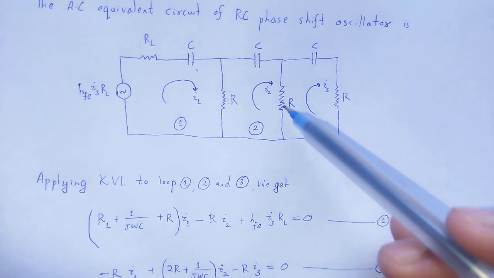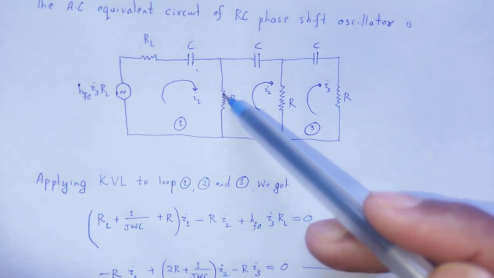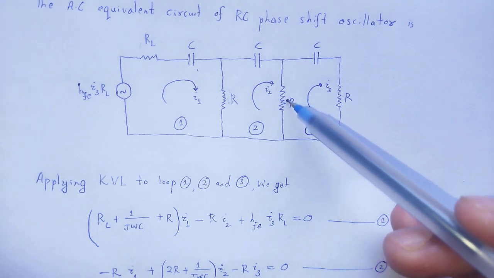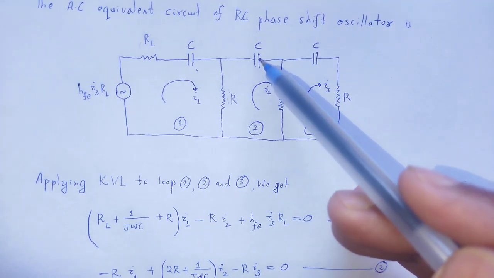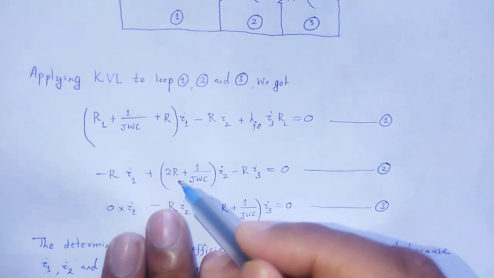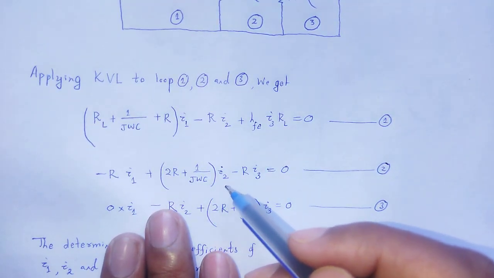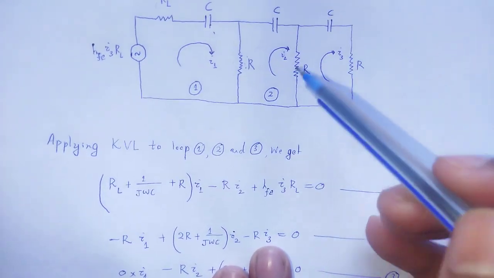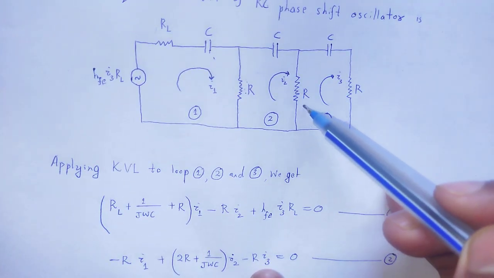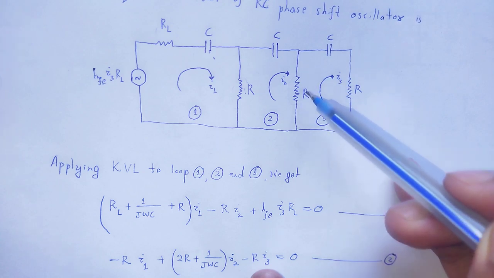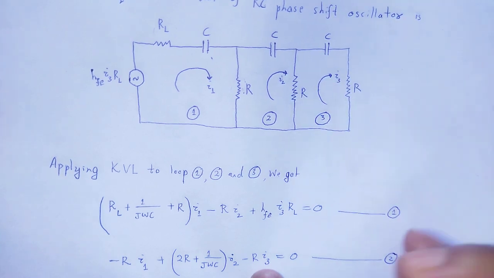Current I2 flows across R and another R, so it is 2R times I2, and again I2 flows through C, so it will be 2R plus 1 divided by j omega C, whole into I2. And I3 flows across R from lower to upper end, so minus R I3.